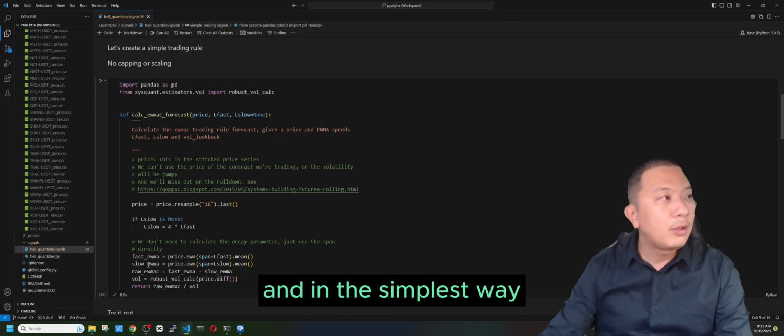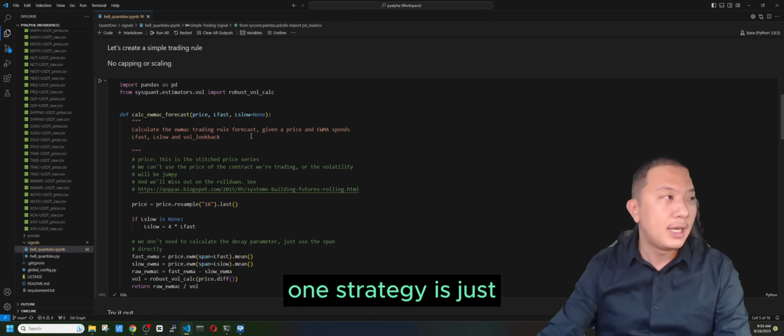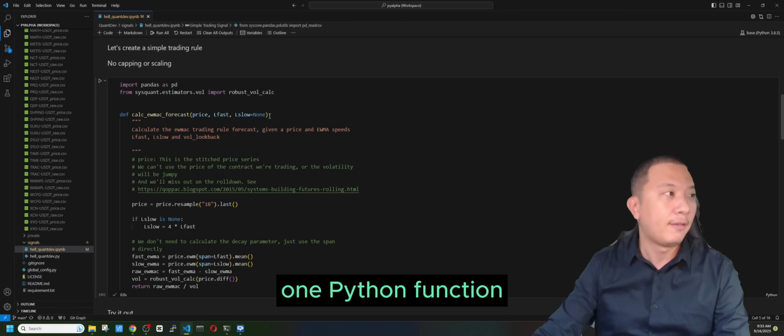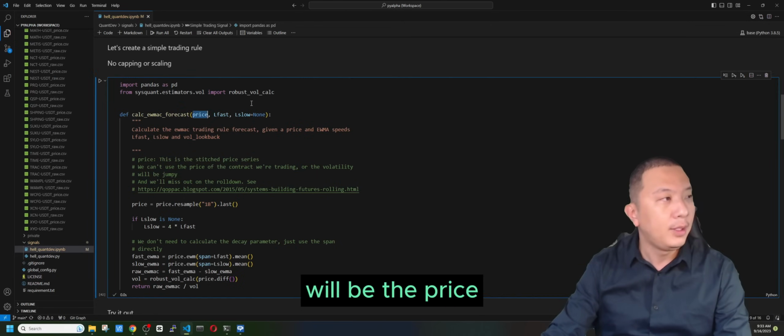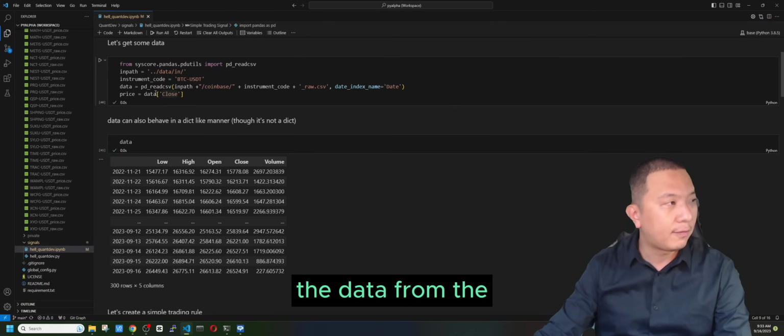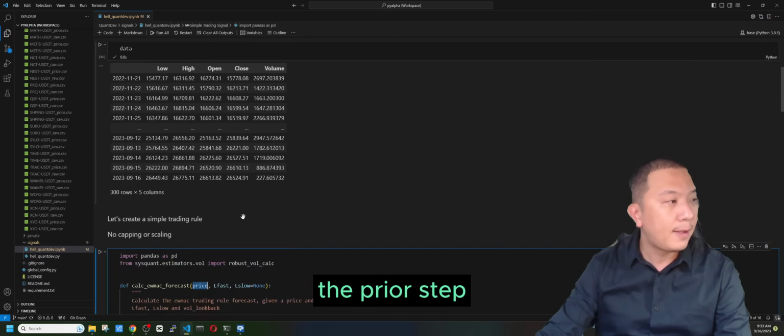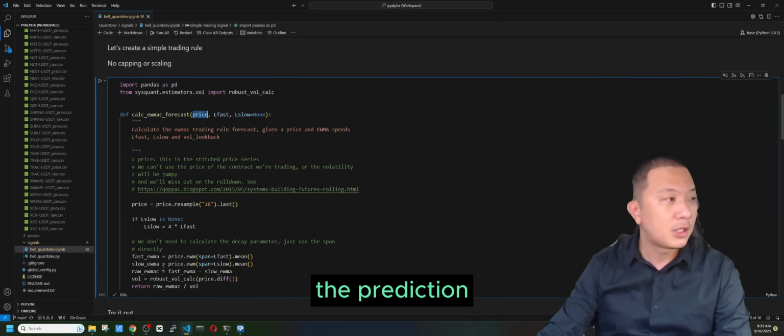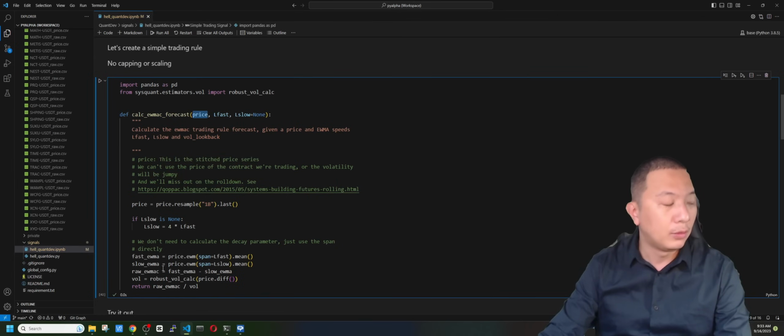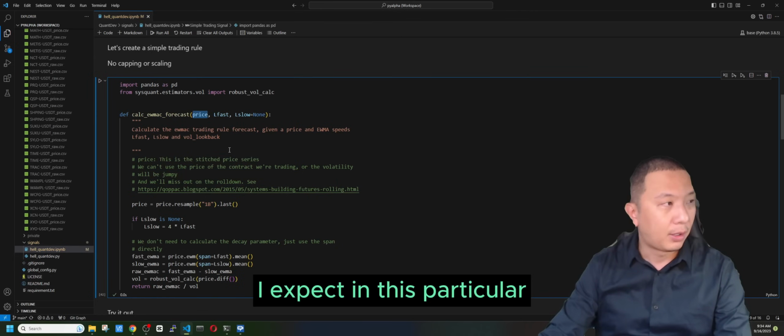In the simplest way, you can think of one strategy as just one Python function. The input will be the price, which we get from the prior step, and the output will be the prediction. What is the prediction I expect in this particular market?